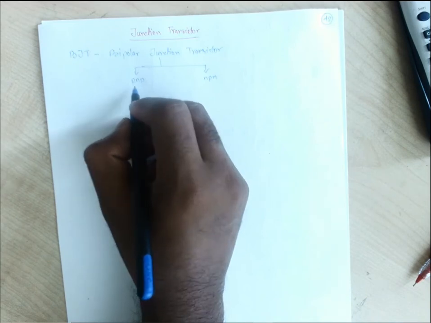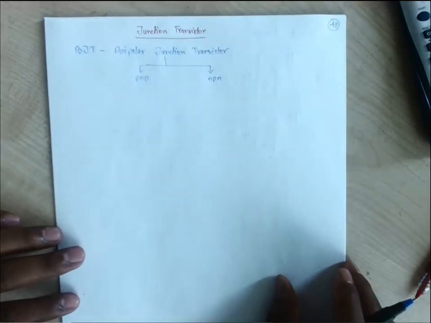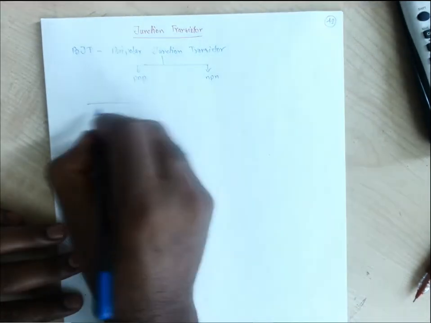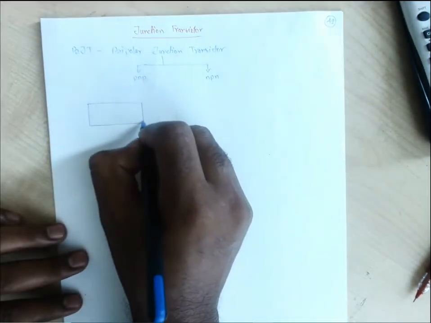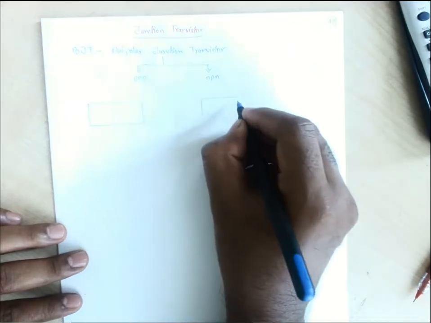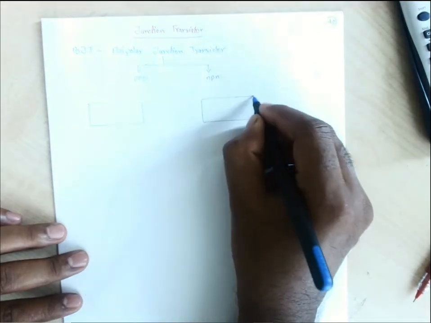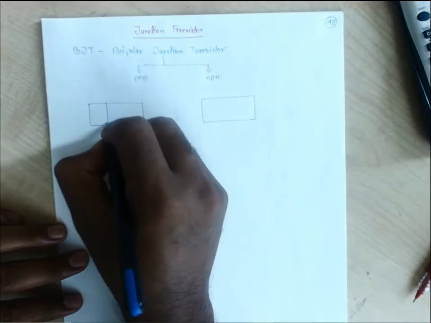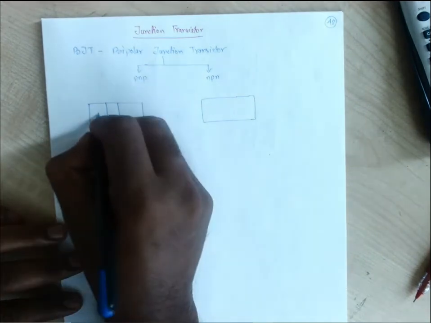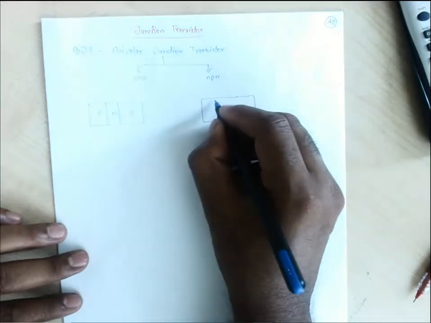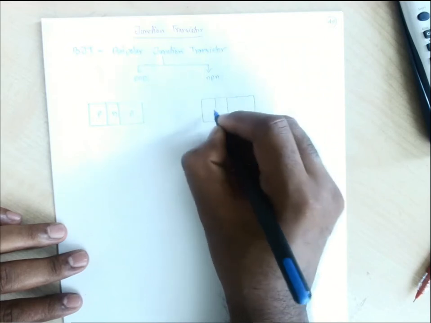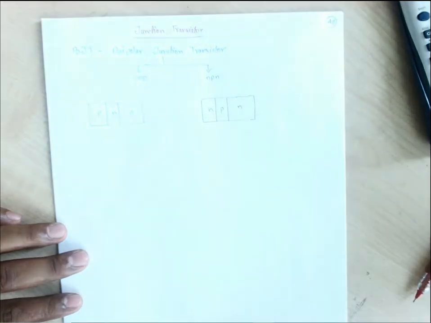So there are two junctions. Okay, I'm just drawing, either PNP or NPN.